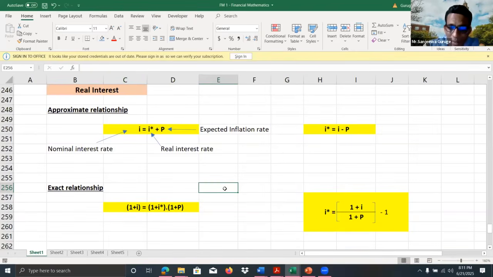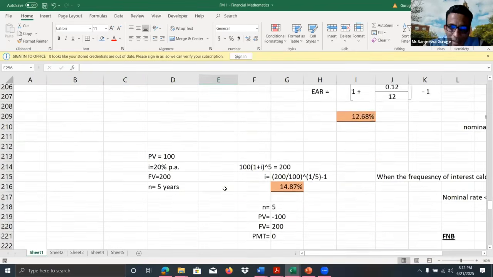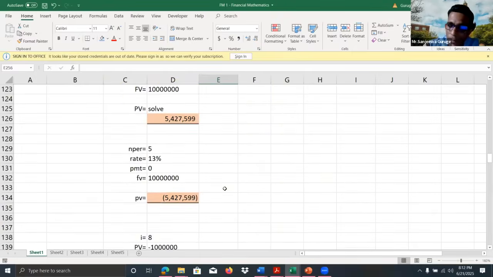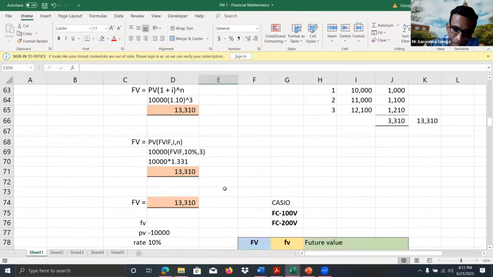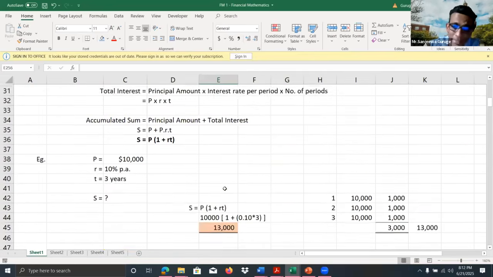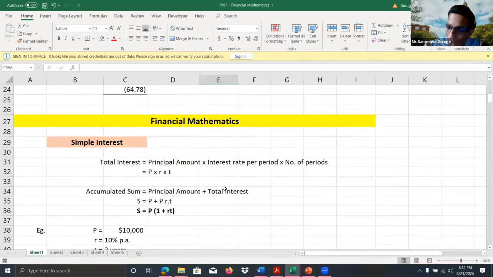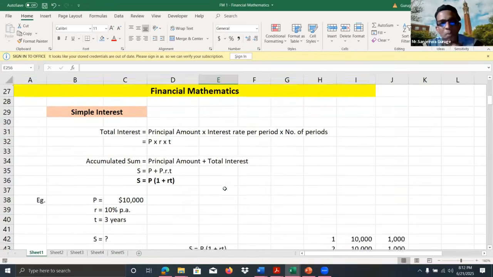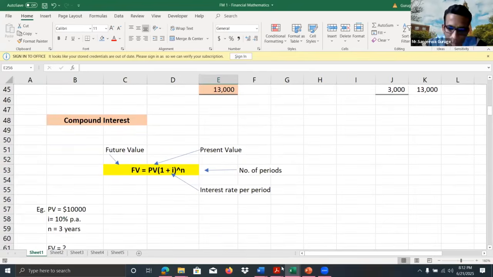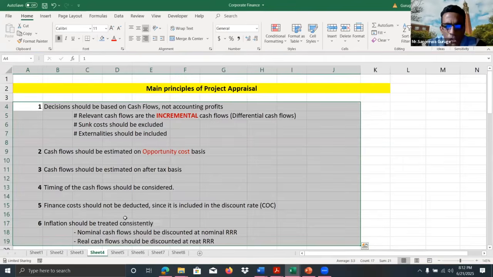Because especially when we are doing finance, right, financial management, we should be very, very good in financial mathematics, right? Because that is essential for analyzing all finance decisions. So we should be very familiar with this financial mathematics.